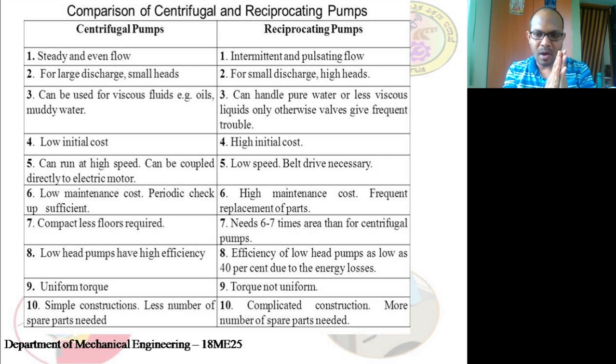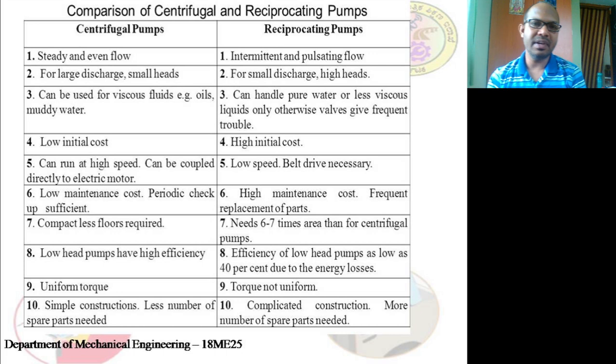So out of two strokes, during only one stroke the pump will generate the pressure. Though double acting reciprocating pumps are also there, still it will be a pulsating flow. That is the reason why it is very steady in centrifugal pumps, whereas in the reciprocating pump it is not steady, it is intermittent and pulsating flow.